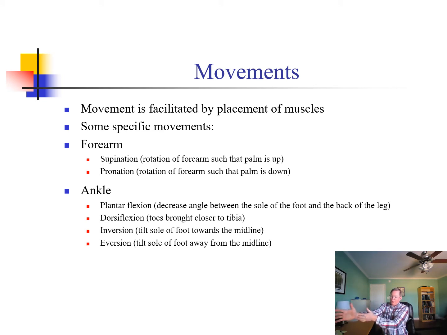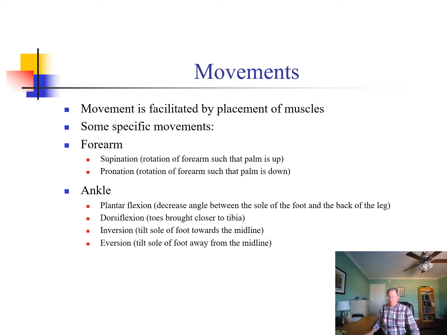Those two come together at the wrist so that I can move my forearm in this way. If I rotate that forearm such that my palm is up, I call that supination. If I move it so that it's down, it's called pronation. Supination, pronation.